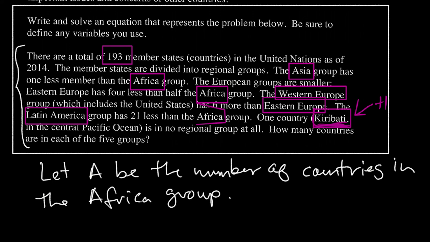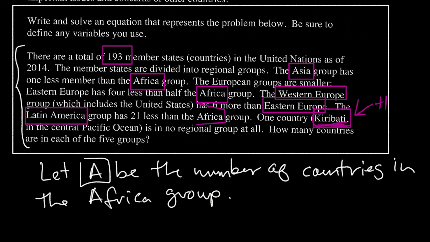Now, if that's true, we can go through and we can define the Asia group, we can define the Western Europe group, the Eastern Europe group, the Latin American group. We can define all those groups in one way or another in terms of this single variable A.